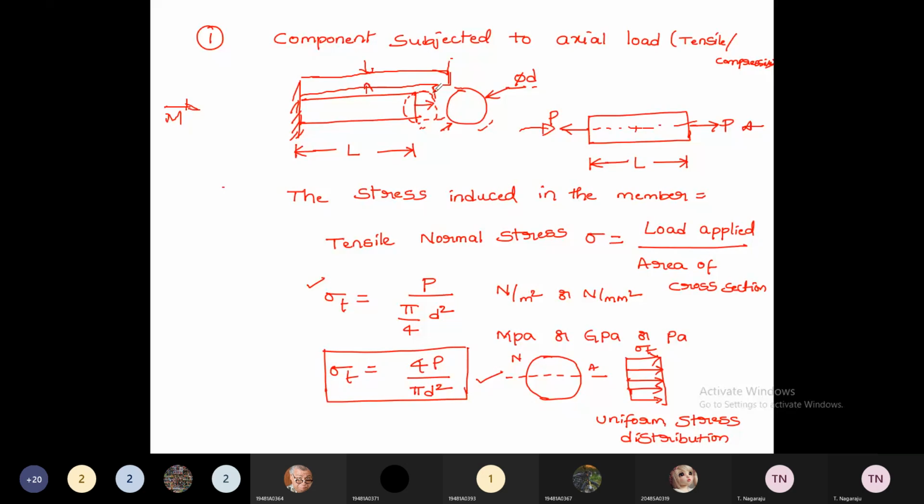So the rod is subjected to longitudinal and lateral strains.